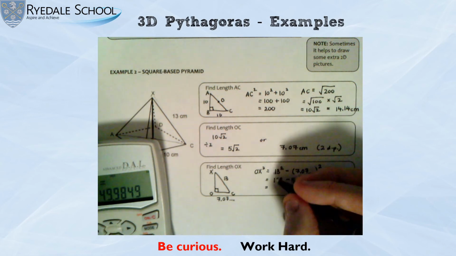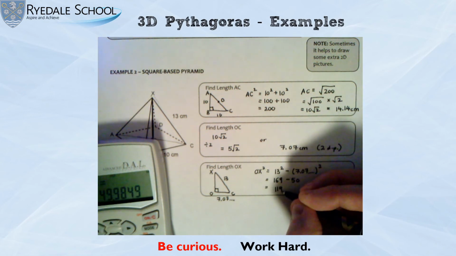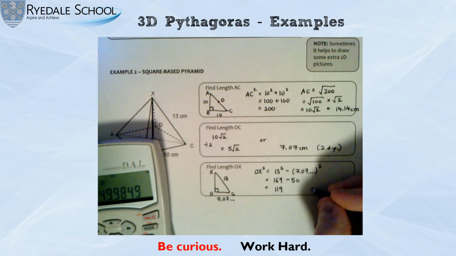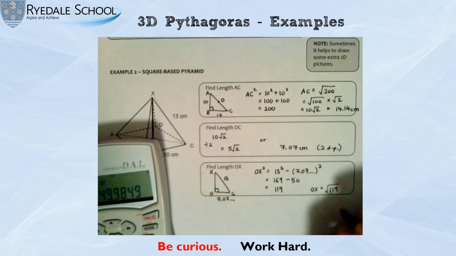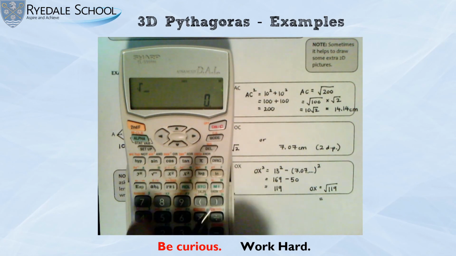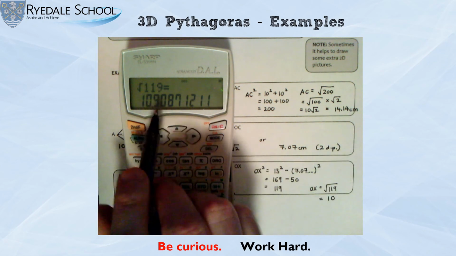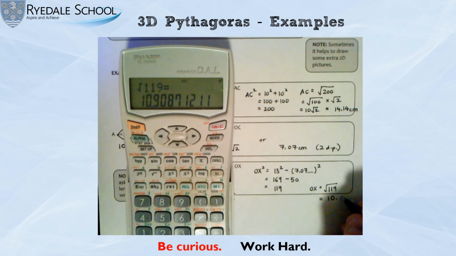So OX squared is 169, take away 50, which is 119. So if I want to find OX, it is the square root of 119. Don't think that simplifies as a surd, so you'd have to leave it as that. Or if you wanted it as a decimal, 2 decimal places is 10.91 centimetres.